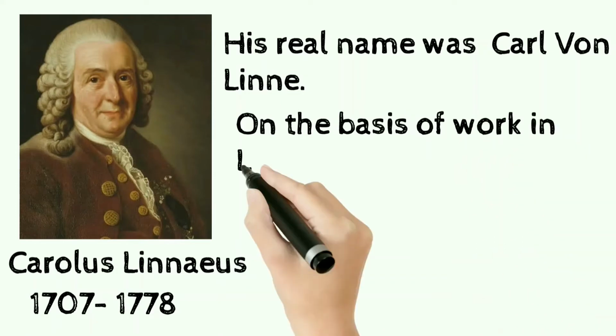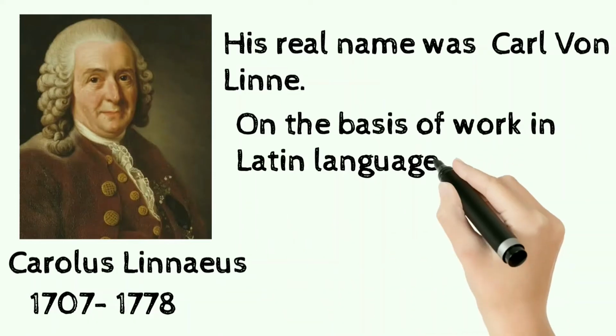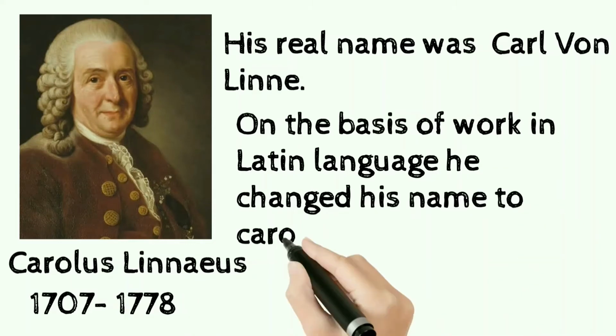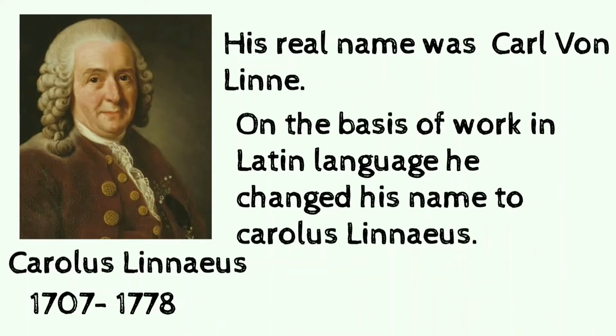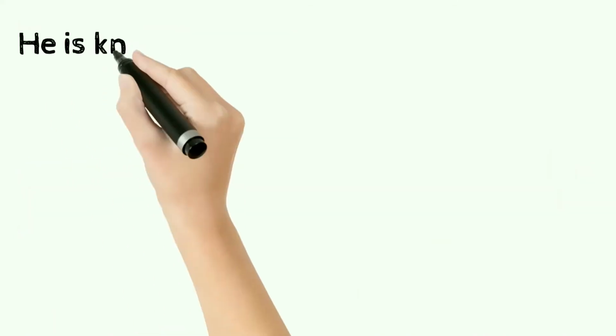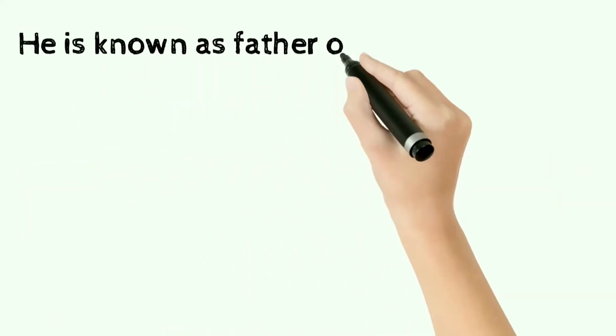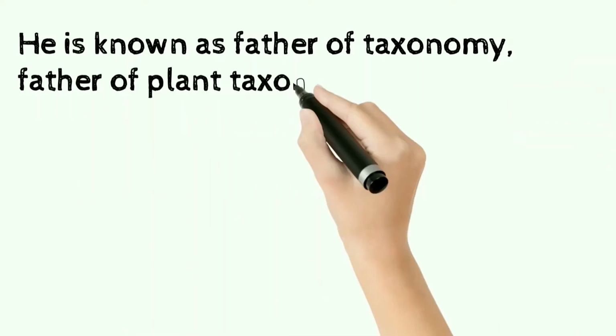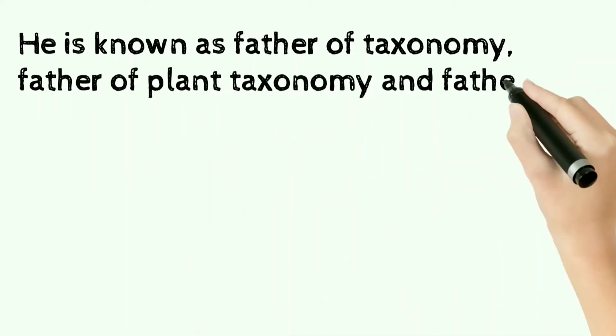He was a Swedish scientist. His major groupings in the hierarchy of groups were the kingdom, phylum, class, order, family, genus, and species. He is known as father of taxonomy, father of plant taxonomy, and father of animal taxonomy.